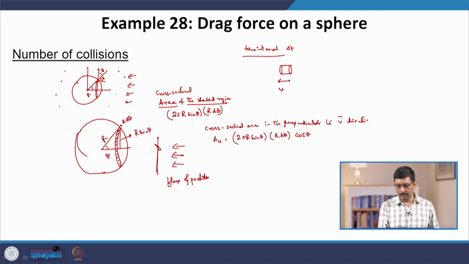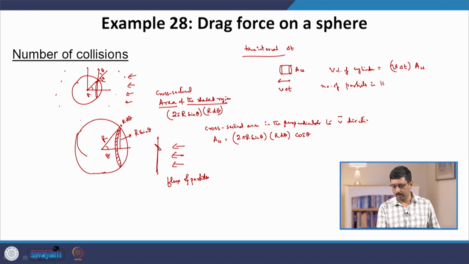So, they will be contained in a cylinder of length v delta t and a cross sectional area ACS, so the volume of this cylinder is equal to v times delta t times ACS, and the number of particles in this cylinder is equal to v times delta t times the cross sectional area times n, where n is the number density.